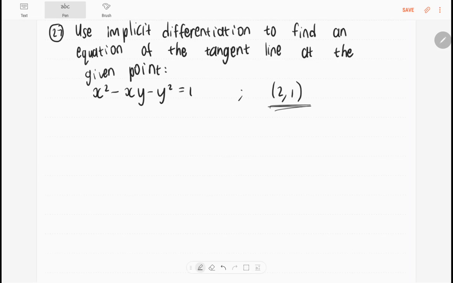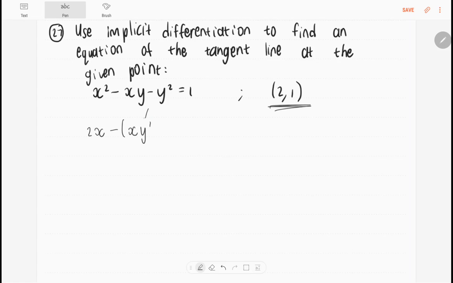So the first thing we're going to do is we want to find the gradient of the line by taking the derivative. So we are going to use implicit differentiation because we can't isolate y in this equation once again. So let's use implicit differentiation. So it's going to be 2x. Then we have a product. So that's going to be minus the first times the derivative of the second.